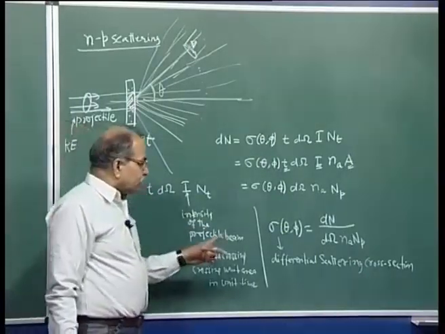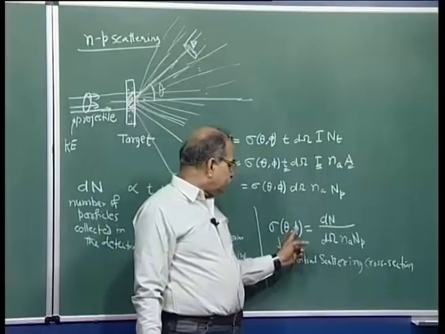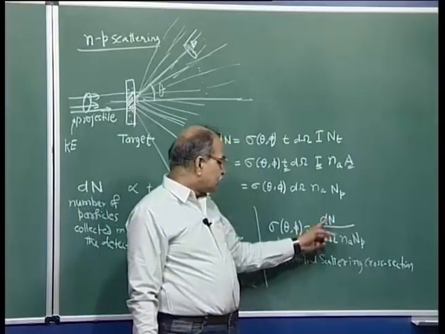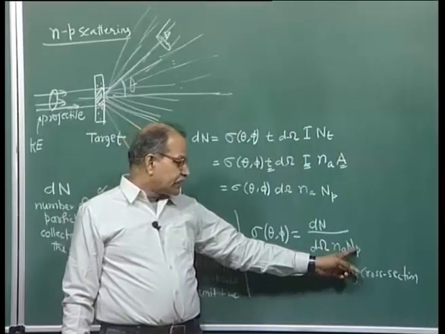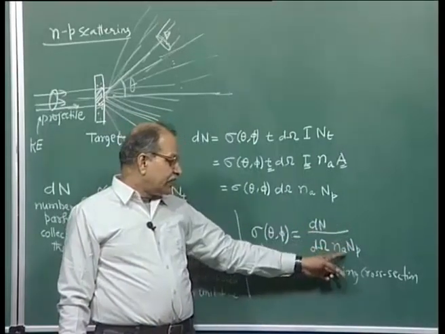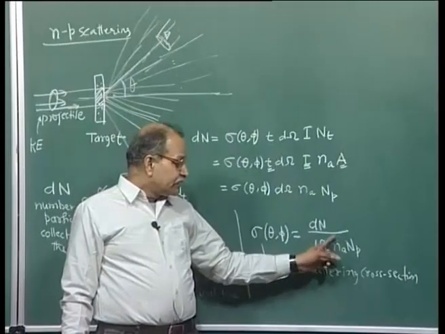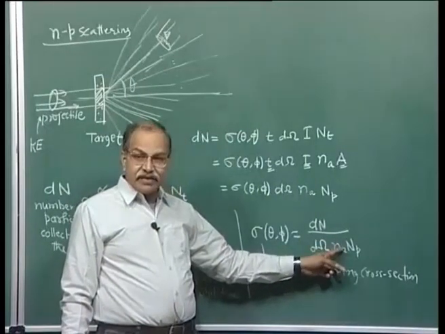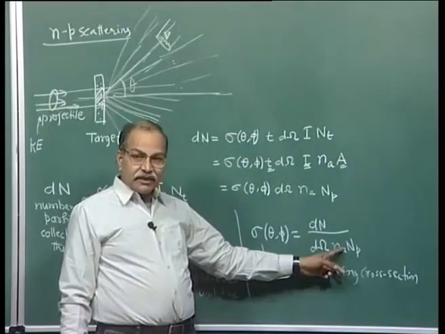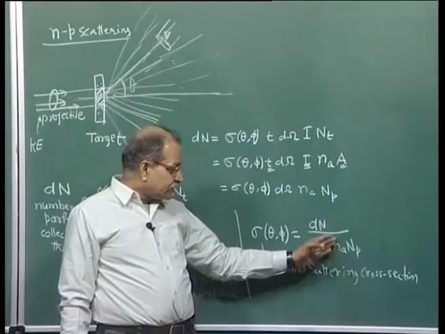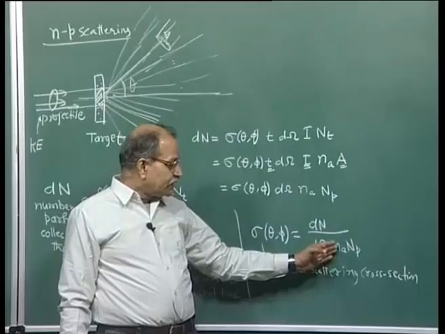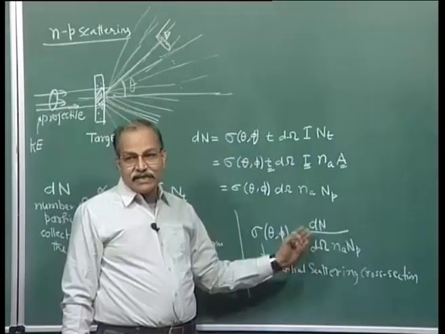So, this is it. You can look at the unit or dimensions of it. This is a number, this is solid angle, and this is again a number. So, it is 1 by N A, areal density, number of particles per unit area. So, this is area inverse, and since this is in the denominator, this whole thing has dimensions of area.